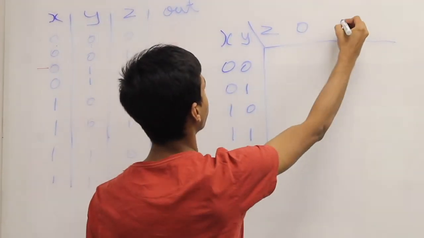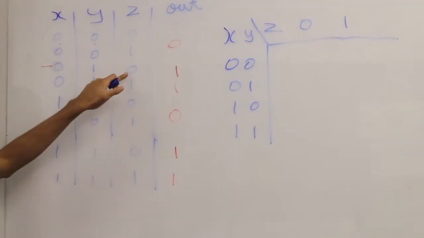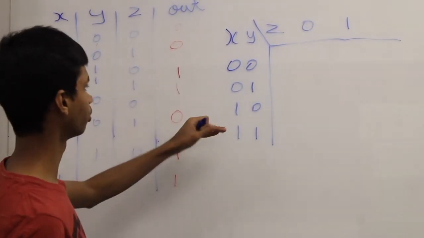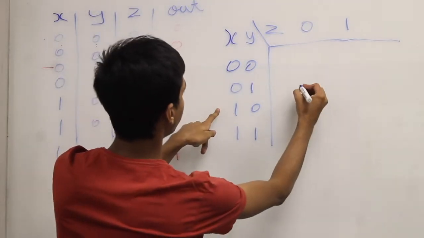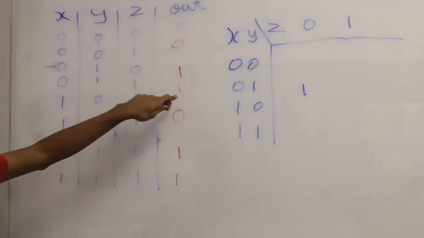So 0, 1. So now we can see 0, 1, 0, we have output 1. So we'll see where is 0, 1, 0 here. We can see 0, 1, 0 is here, so we'll write 1. Now we can see there is 0, 1, 1, we have the output 1.